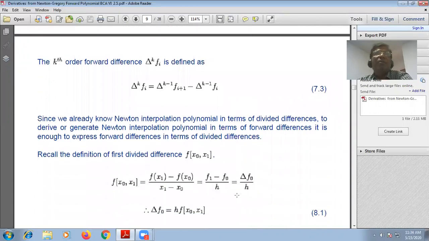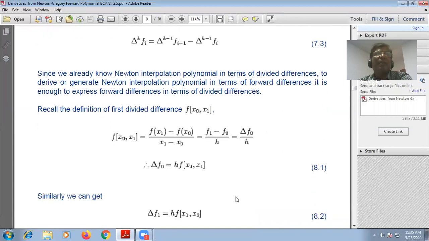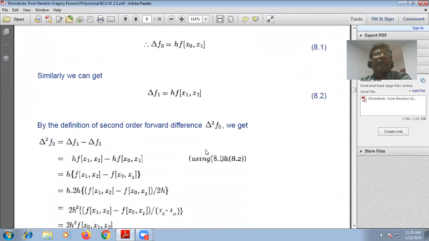Since we already know the Newton interpolation polynomial in terms of divided differences, to derive the Newton interpolation polynomial in terms of forward differences, it is enough to express forward differences in terms of divided differences. Now recall this formula for divided difference. There is no need to emphasize it because we have already discussed it.